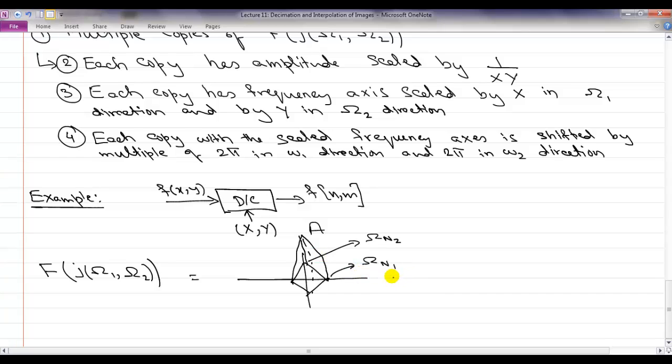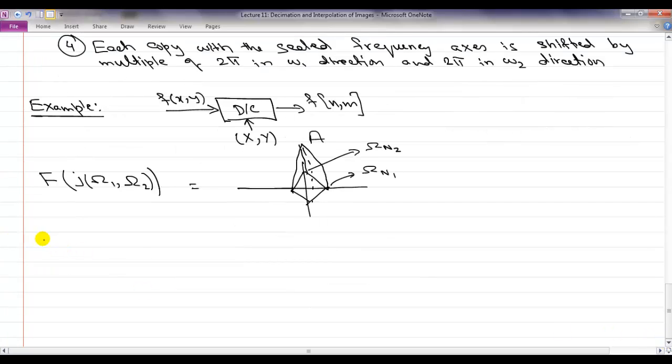So the main structure that you need to look at is the following one. You should be looking at 1 over xy times F of j omega 1 over x, little omega 2 over y, which is the copy that is centered at 0, 0.